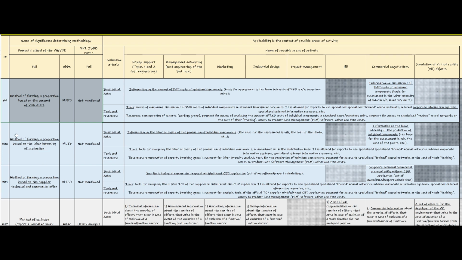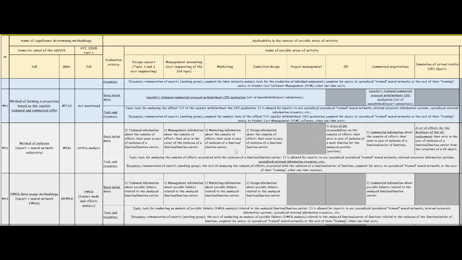Accordingly, the obvious limitation is the inability to assess the significance of functions, i.e., this technique is suitable only for assessing the significance of function carriers, the drivers of R&D or production costs.